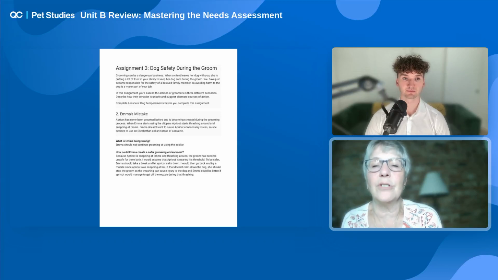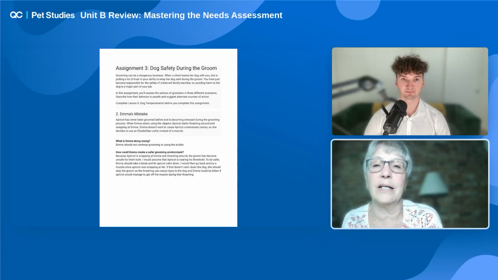So the dog is new, but the dog is showing threatening and dangerous behavior. The dog is showing reactive behavior. Granted, she could absolutely slow it down and go at it a different way. But first and foremost, the fact that she chose to use the e-collar is not going to offer her the protection. If she's choosing that e-collar to safeguard herself, that is the wrong accessory to use, because she's not going to get herself protected from that.